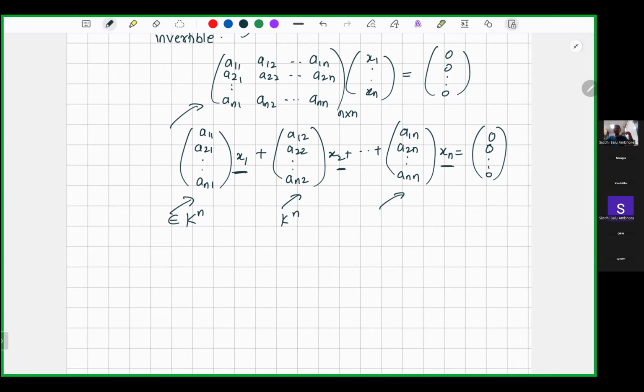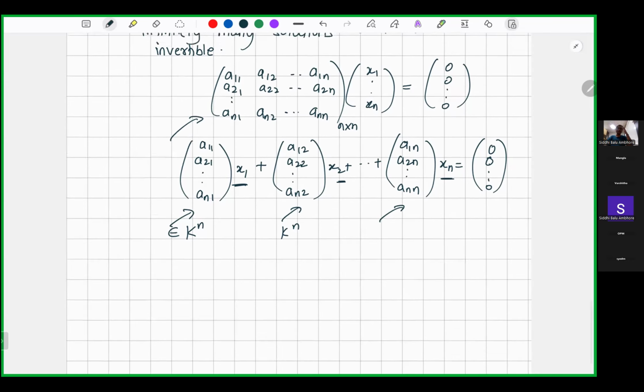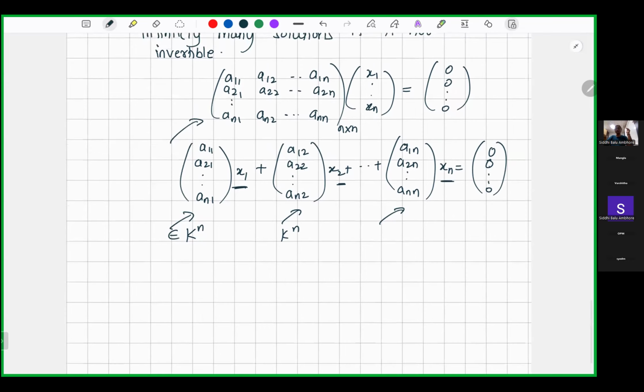It changes when we swap the columns, but when we add or subtract two columns or rows, the determinant does not change. Thus, if the determinant is non-zero, it remains non-zero. If it is zero, it remains zero after adding, subtracting, or taking linear combinations of the column vectors or row vectors.